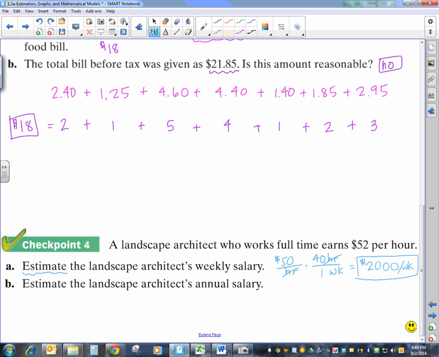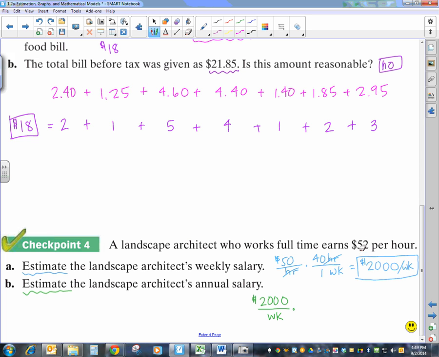Okay, they want us to estimate the landscape architect's annual salary. So if I'm going to take, okay, let's say he made 2,000 a week, and how many weeks in a year we're estimating.